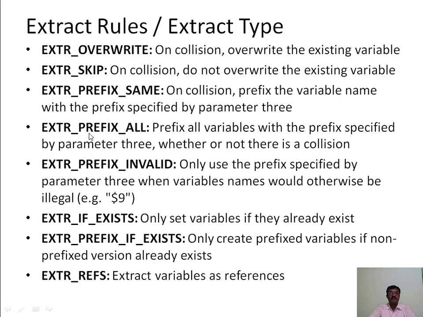EXTR_PREFIX_ALL: prefix all variables with the prefix specified by parameter 3 whether or not there is a collision. EXTR_PREFIX_INVALID: only use the prefix specified by parameter 3 when variable names would otherwise be illegal.